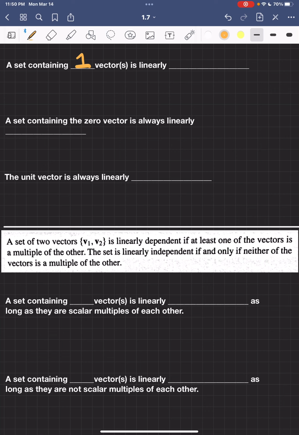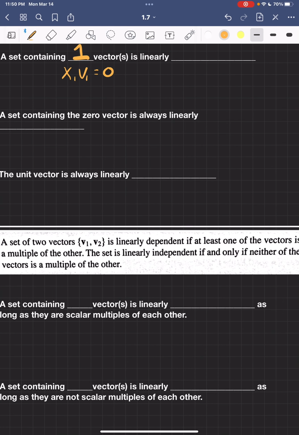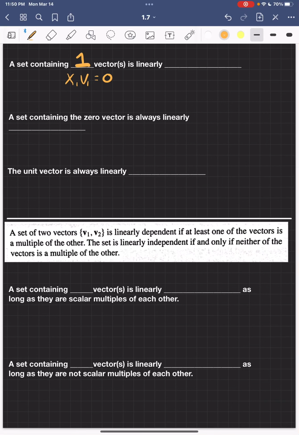Let me write a set containing one vector. That would be something like x sub 1 times v sub 1 equals 0. I'll make up a vector. Let's say x sub 1 multiplied by the vector (1, 2) equals 0.